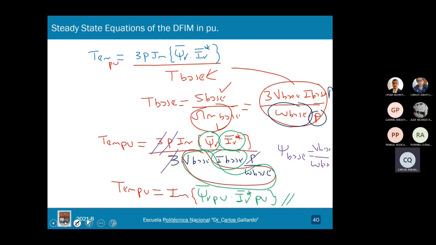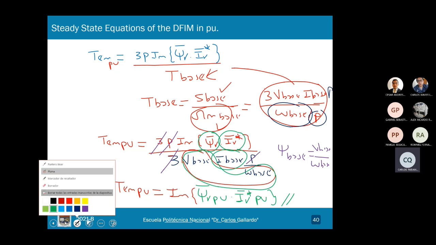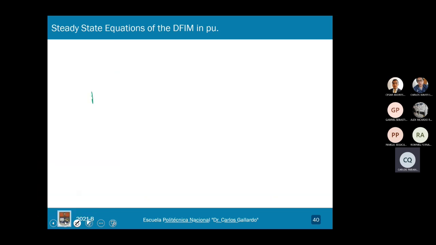In a similar way for the active power. So finally, I will say the per unit value. This is the stator active power. So the stator active power is equal to 3 times the stator voltage times the stator current. This is the magnitude. Cosine, I will have here the angle.